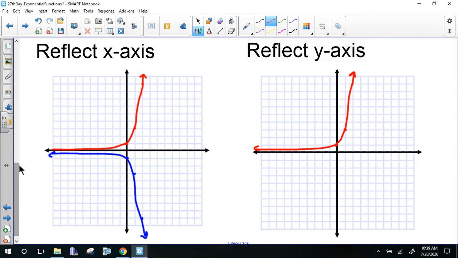And if I flip it over the y-axis, that point's going to stay right there because it's on the y-axis. This one comes over 1 on the other side of the y-axis. This one moves over 2 on the other side. And it flips. So this is y equals 3 to the negative x.